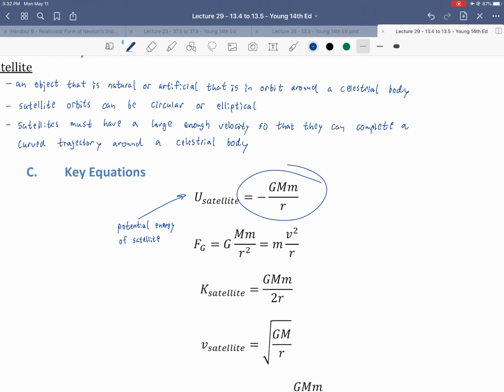It's negative because satellites are still within the gravitational well of the celestial body that they are orbiting. Big M is the mass of the world. I'm just going to use the term world here and drop celestial body because it's shorter. So M of world, or say mass of world. Okay, and then I'm using lowercase m for the mass of the satellite.